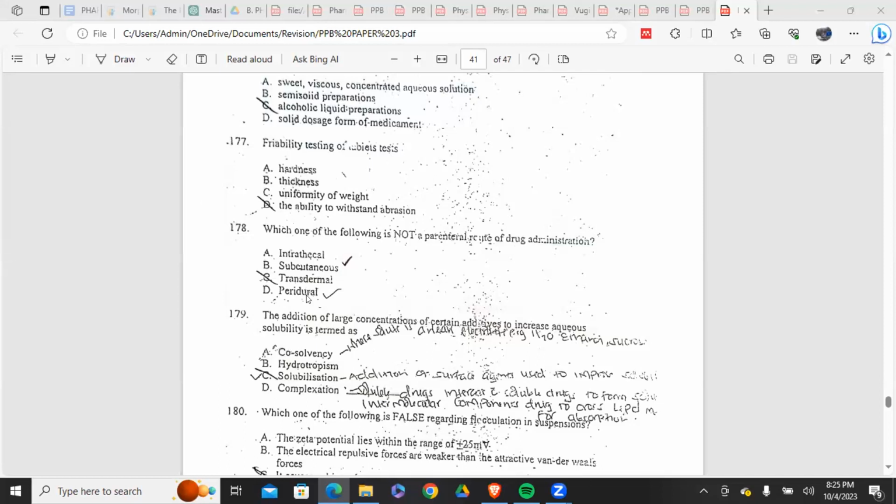Peri ama epidural. Sidhani kuna peridural.